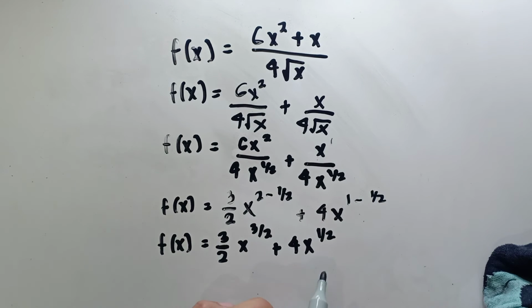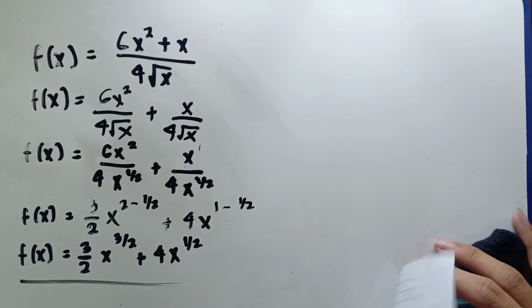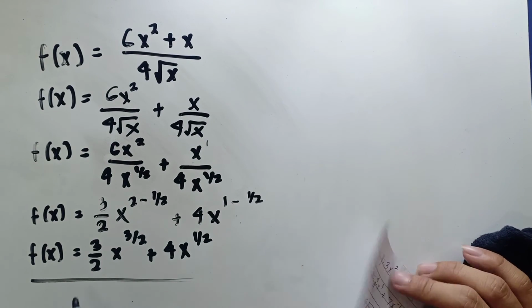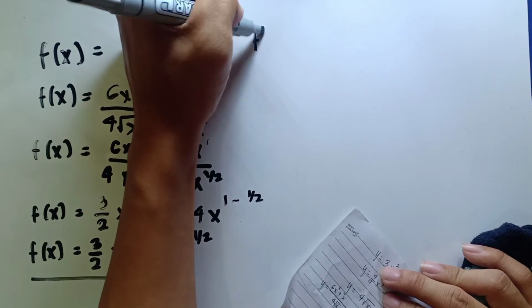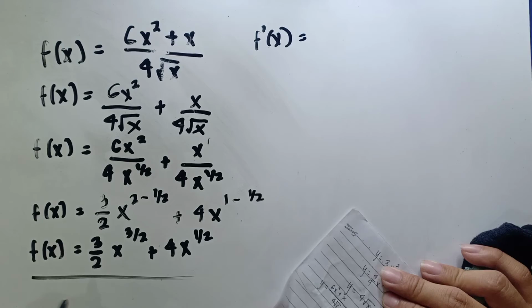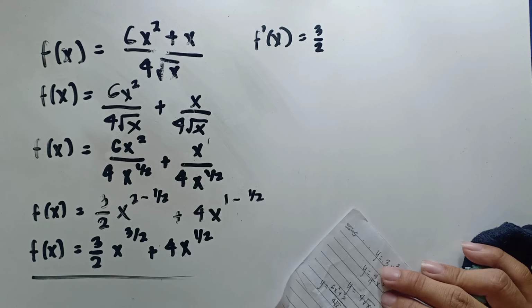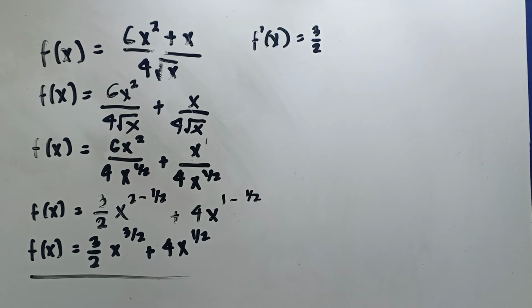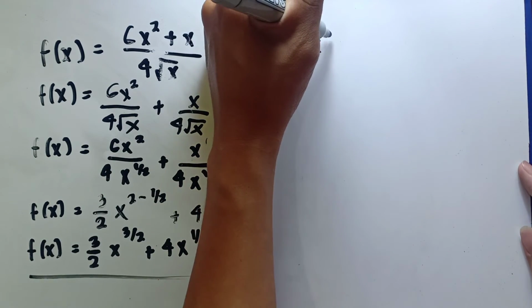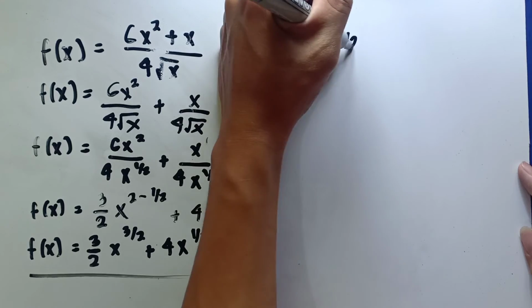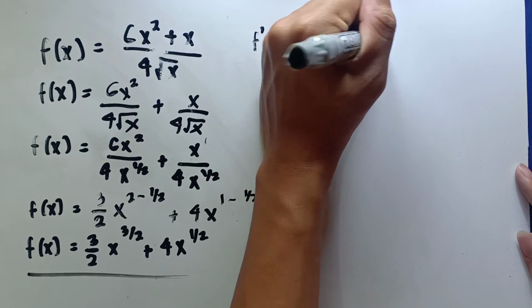So guys, this is the simplest form using algebra, and we can now differentiate this problem. So to differentiate this, f prime of x is equal to, just copy the constant in front of x raised to 3 over 2, multiplied by 3 over 2 x.